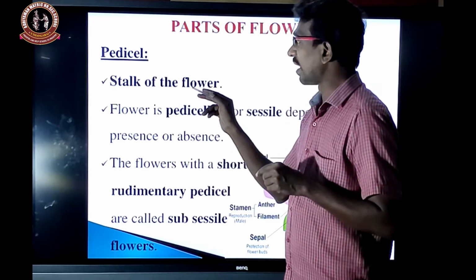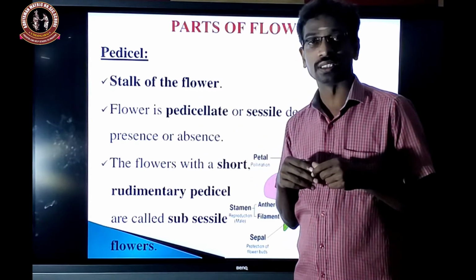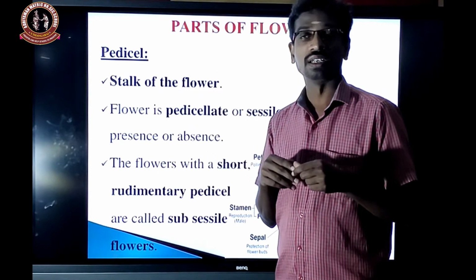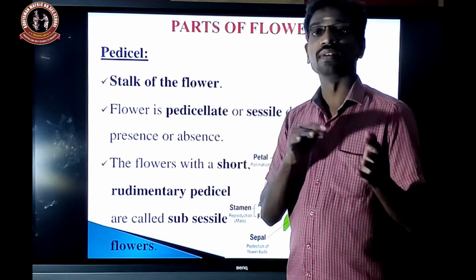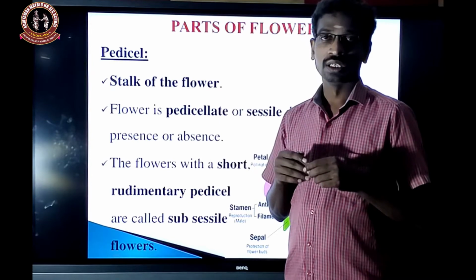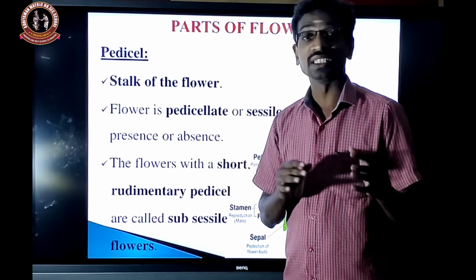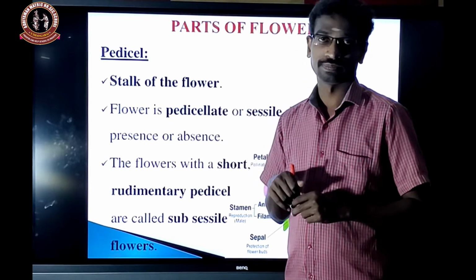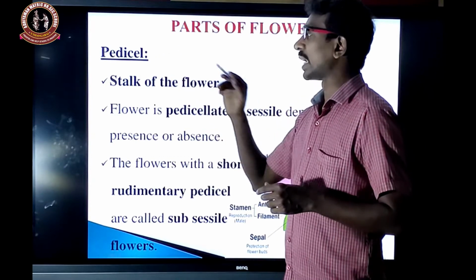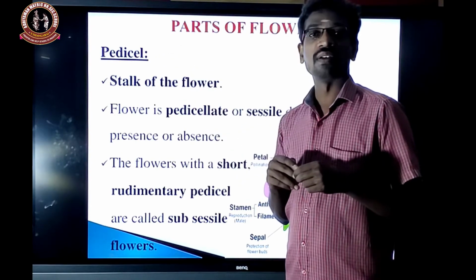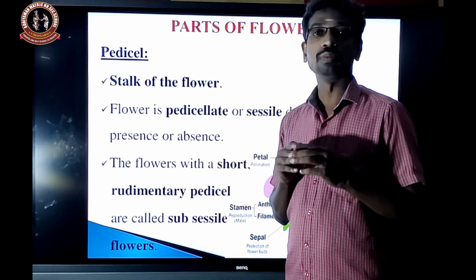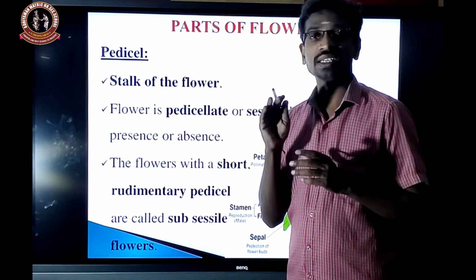When the flower has a stalk, the particular flower is said to be pedicellate. If the flower does not have the stalk, the particular flower is said to be sessile flower. So based on the presence and absence of stalk on the pedicel, the flowers are divided into two groups: pedicellate flower and sessile flower.